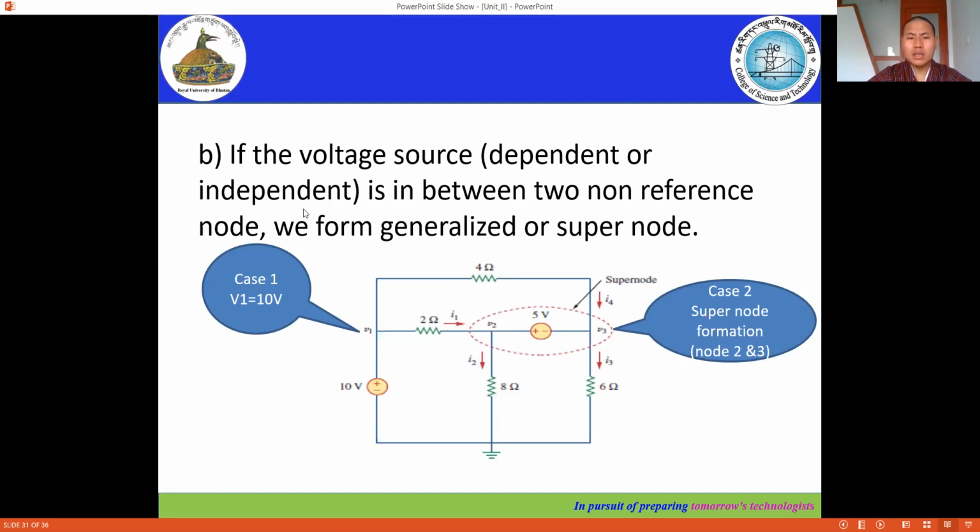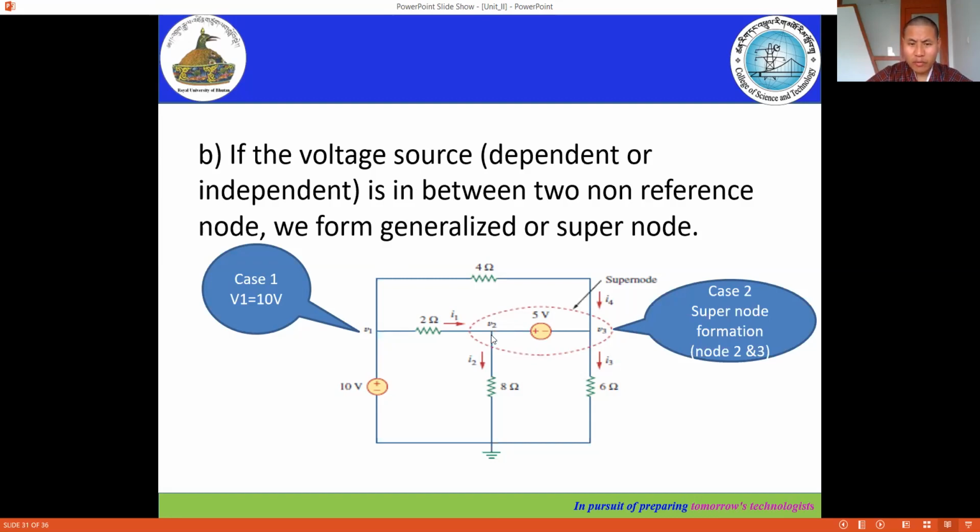The second case is if the voltage source, be it dependent or independent, is in between two non-reference nodes, we form a generalized node or supernode. A supernode is a bigger node; we are forming a big node, where many branches come together.